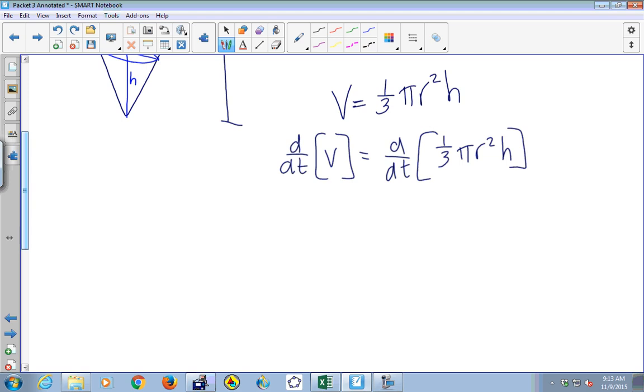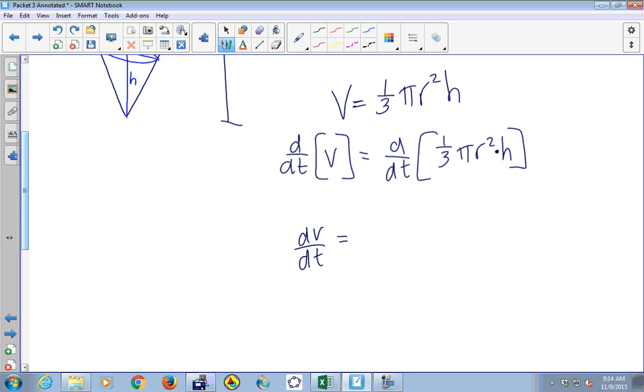All right, d dt of V. What's the derivative of V? 1 times dV dt. So d dt of V is just dV dt. It's the derivative of volume. Okay, so let's put a little dot there to remind us that this is a product, 1/3 pi r squared h. And I can treat 1/3 pi r squared as my first factor of my product because 1/3 and pi are both just constants.